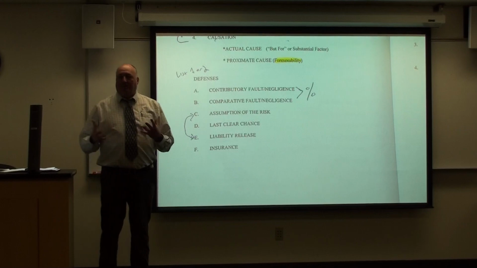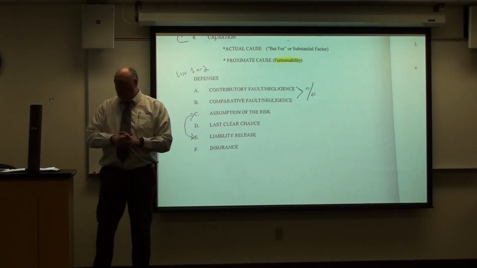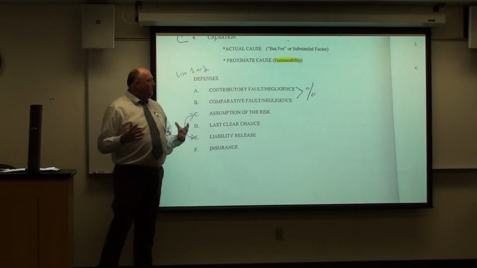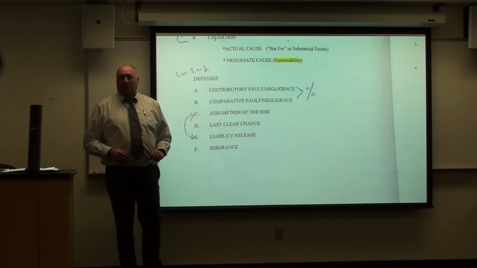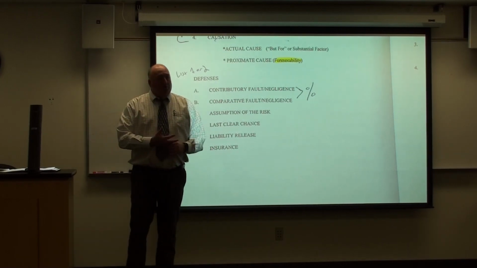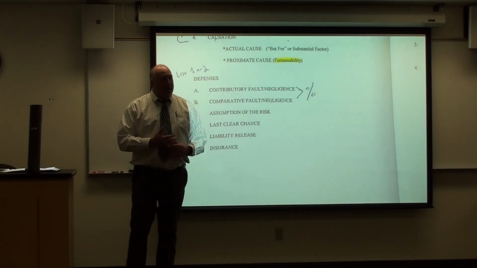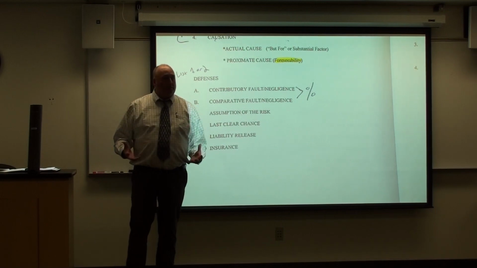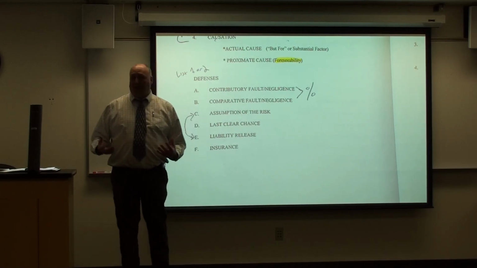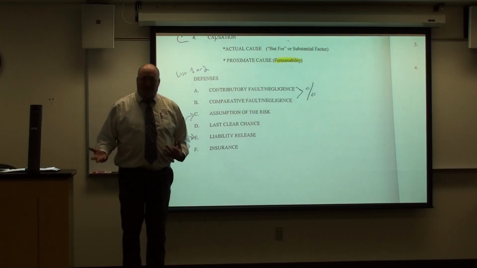So that's what we're talking about when we talk about defenses, okay? So these are essentially what lawyers would argue to the judge and jury on behalf of their client, to try to get them out of the case altogether, or to try to reduce down the total amount of money that has to be paid, usually by an insurance company.